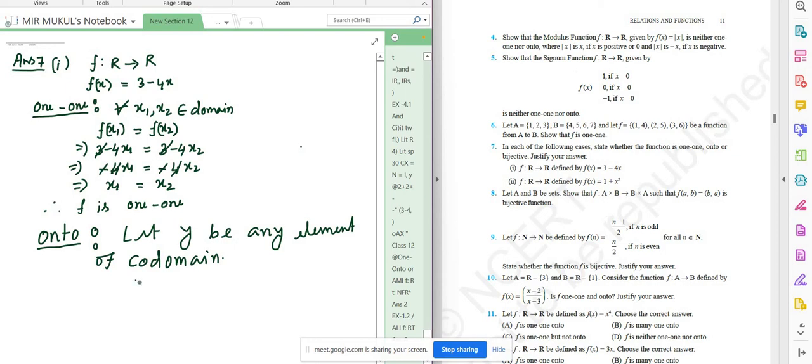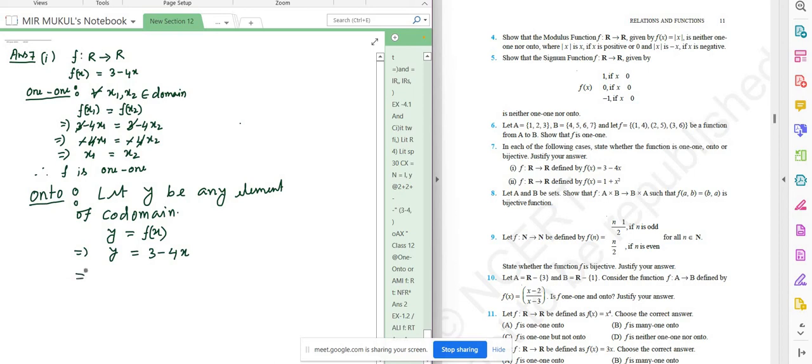So here y equals f(x), so y equals 3 minus 4x.